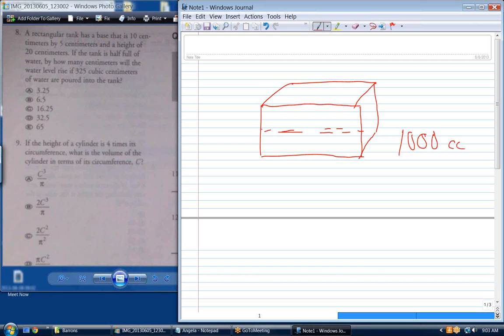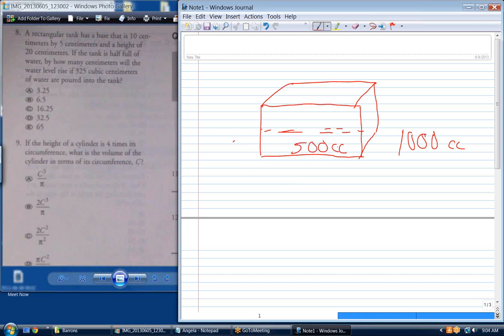Yes. Okay. So let's see, if the tank is half full of water. Okay, well, if it's half full of water, then it's got 500 cubic centimeters of water in it already.